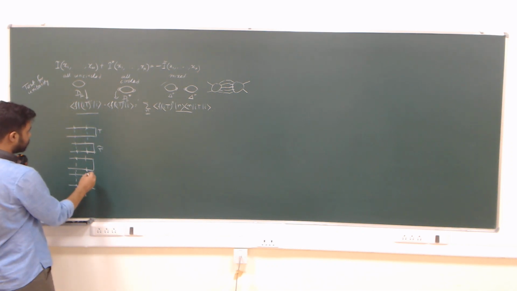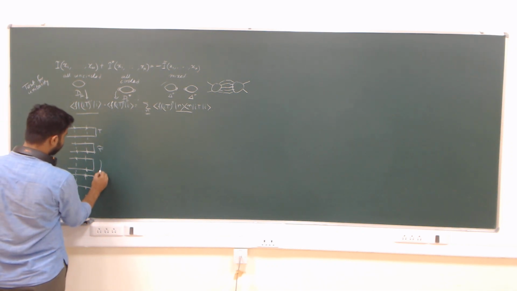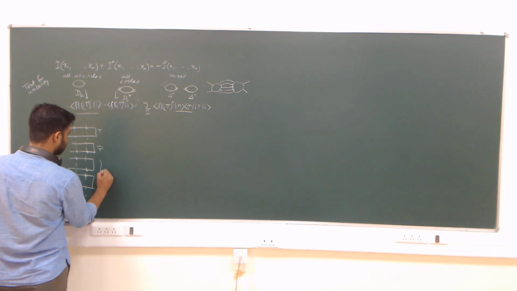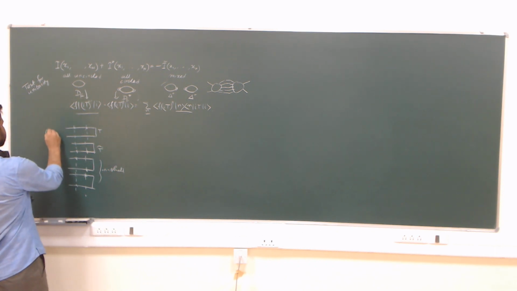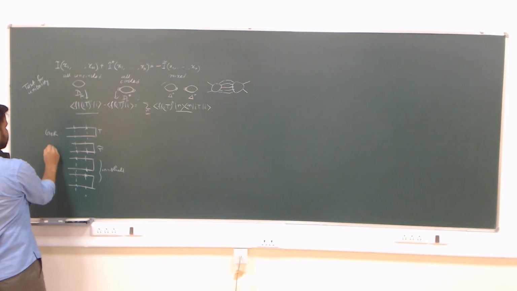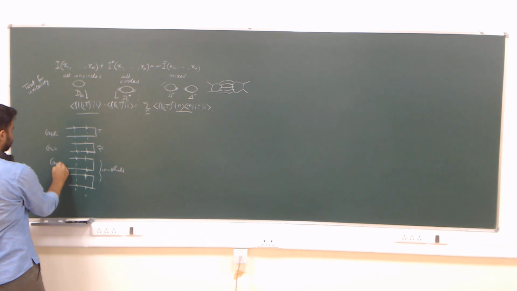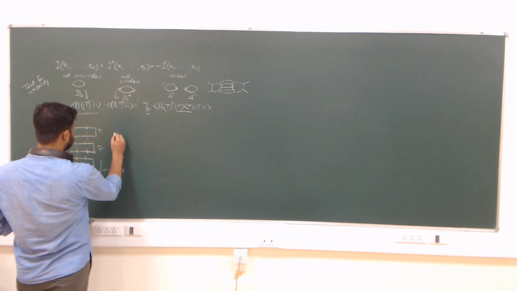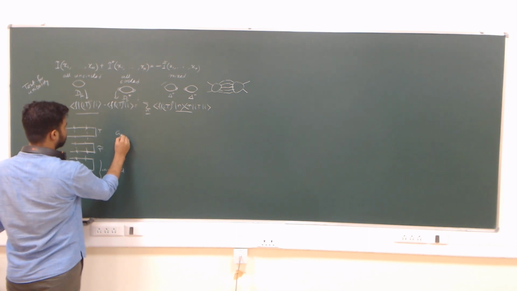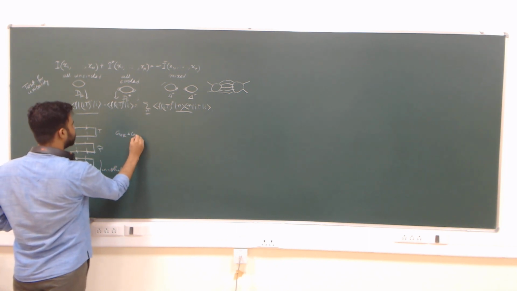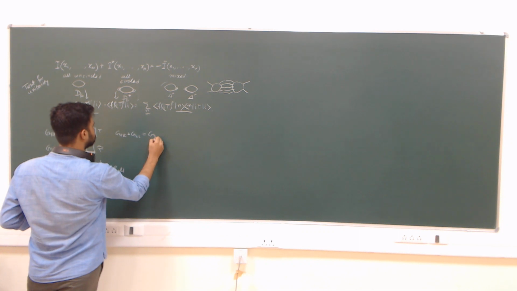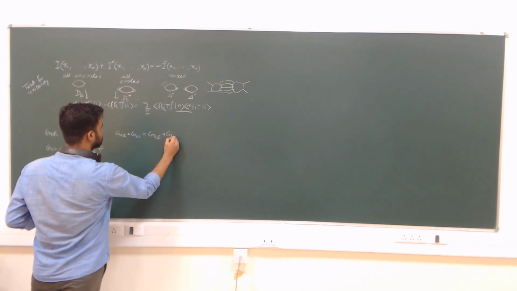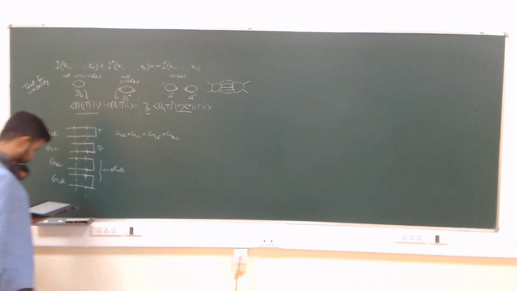And we also saw that, let's say this is G_RR, then G_RR plus G_LL, G_R.